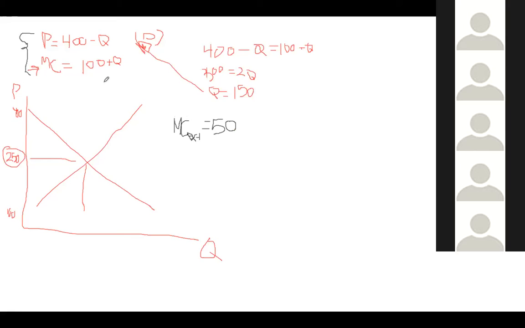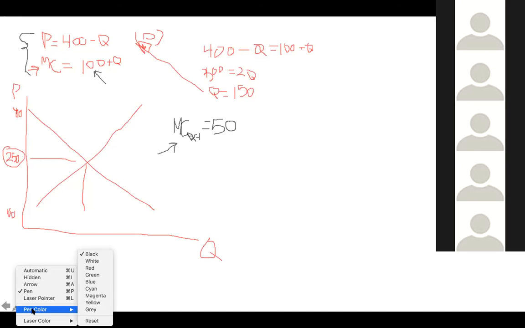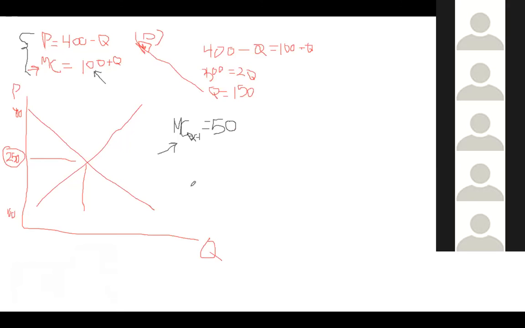So we have the internal cost, we've got the external cost. So how do we go to societal cost from these two? I'm gonna change the color again. So now we want marginal cost social. I'm just gonna put an S for social. How do we get the marginal social cost when we have the internal cost and the external cost?